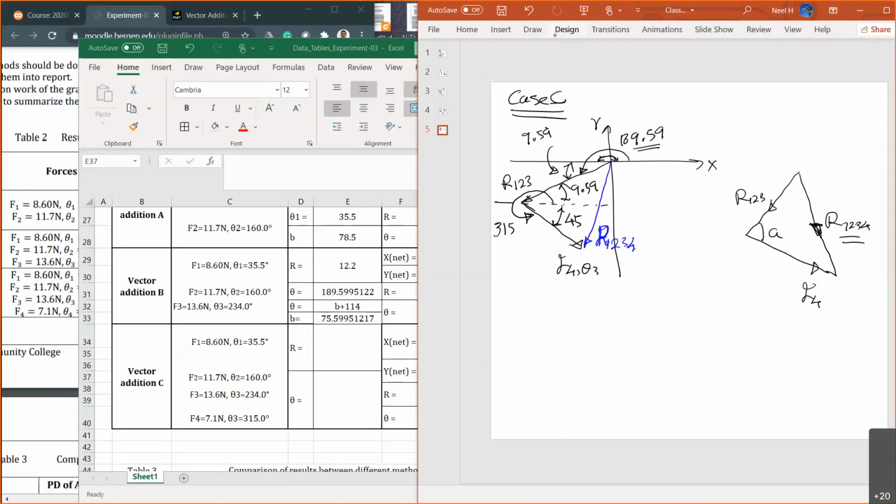So which means simply angle A is equal to 45 degrees plus 9.59. Okay, 45 plus 9.59 means 54.59, right? Or 54.6 roughly.